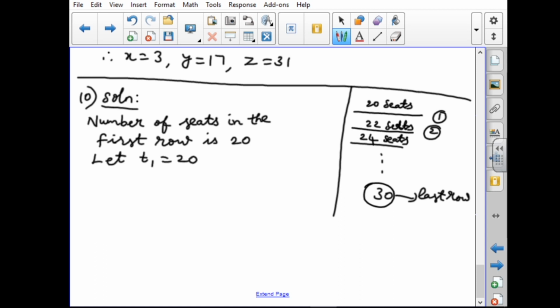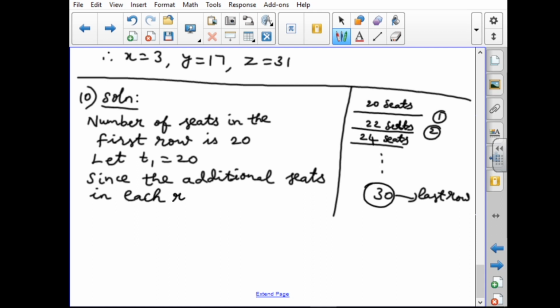Next, they have given the condition. Each row will be adding 2 seats. Since the additional seats in each row is 2, we have to get the second row.